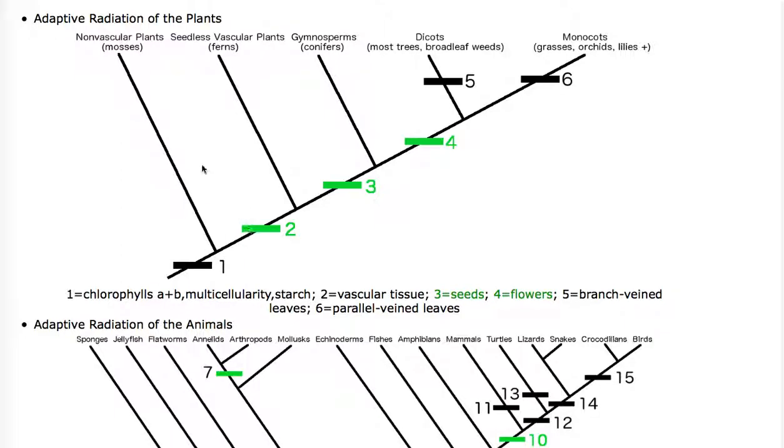Mosses are restricted in height because they do not have vascular tissue and therefore can only soak water by osmosis, essentially up from the ground. So that led to the evolution of the first vascular plants, the seedless vascular plants, which are the ferns.